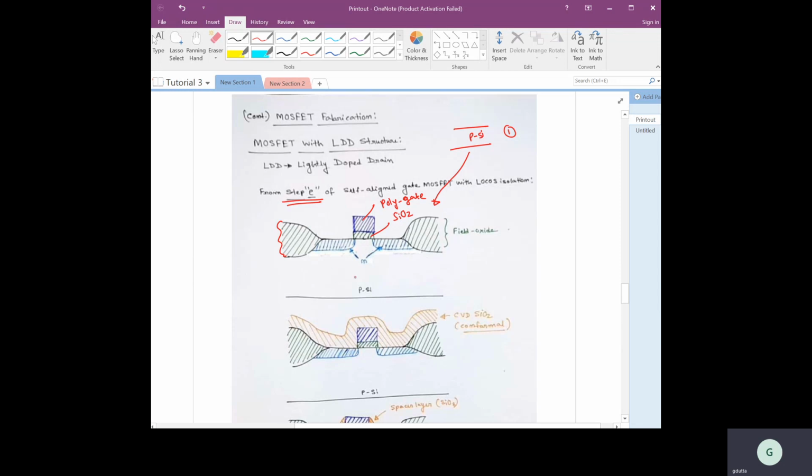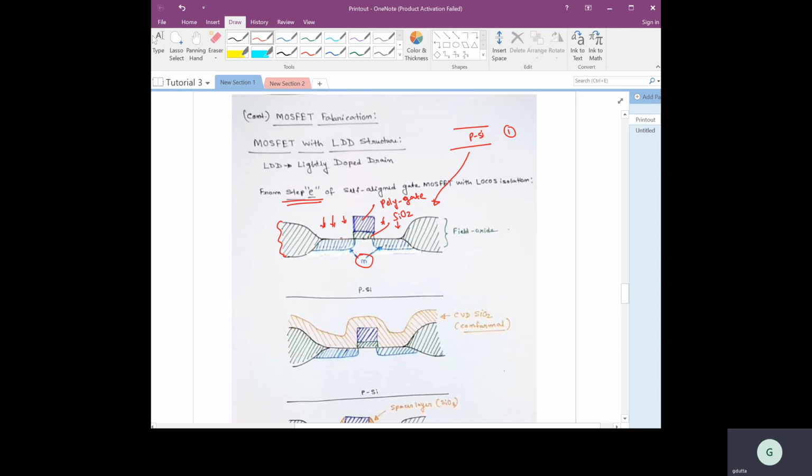But here one thing you need to remember: during implantation, when you form this N region, the implantation dose has to be low. If you use a high dose, then the doping concentration will also increase, and we don't want that to happen.